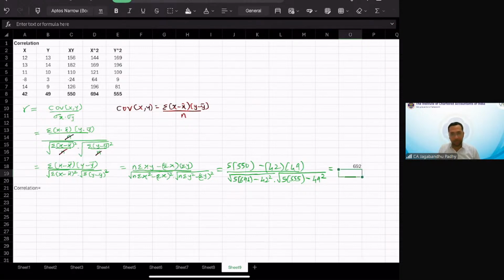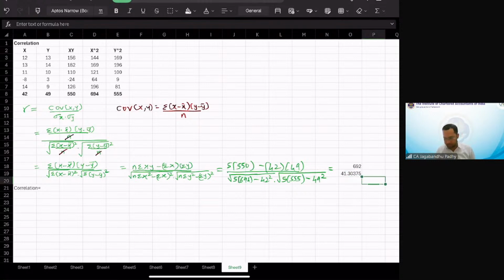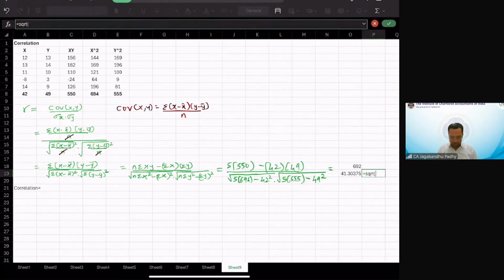This is the numerator. Now, denominator will be square root of 5 into 694 minus 42 squared. This is one part. The other part is square root of 5 multiplied by 555 minus 49 square.